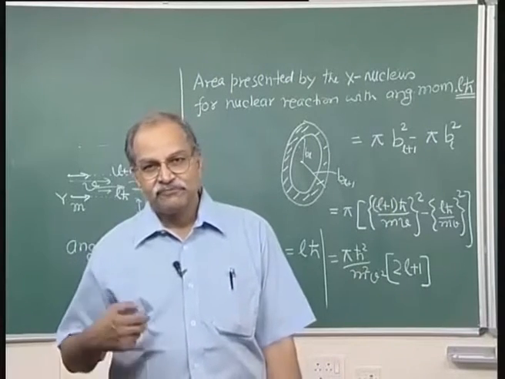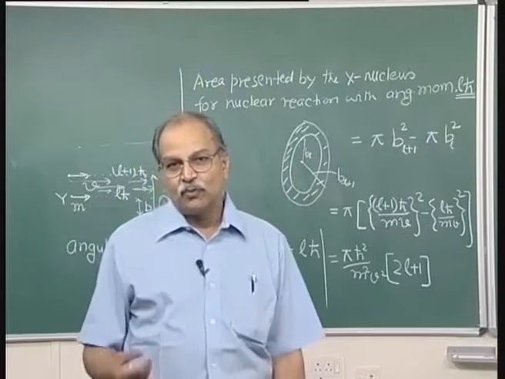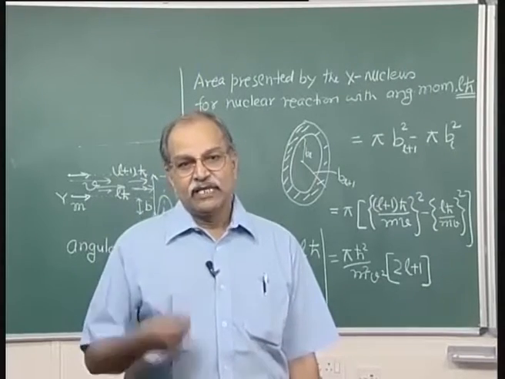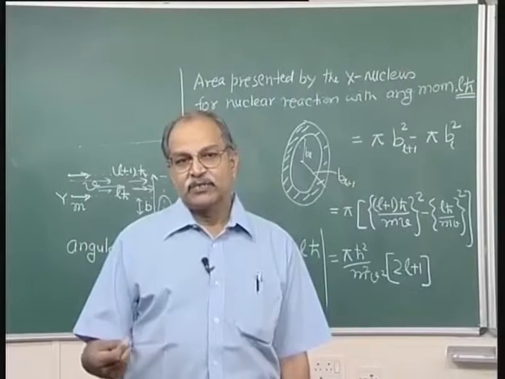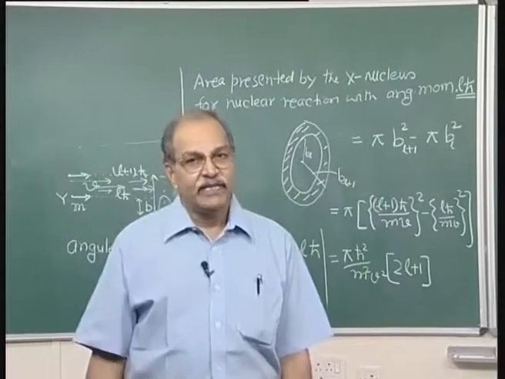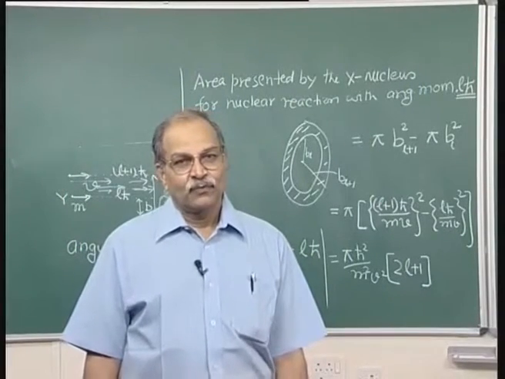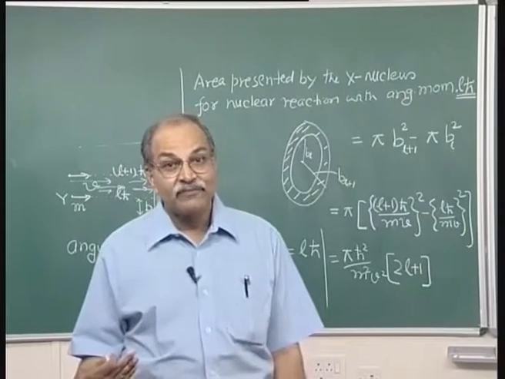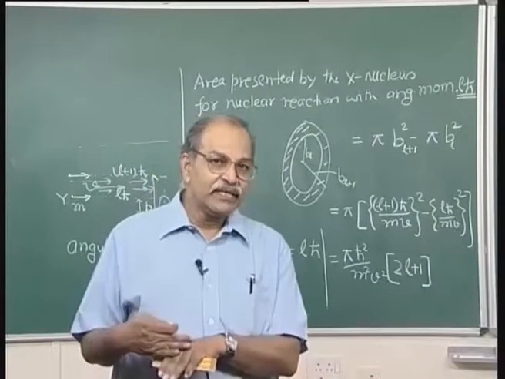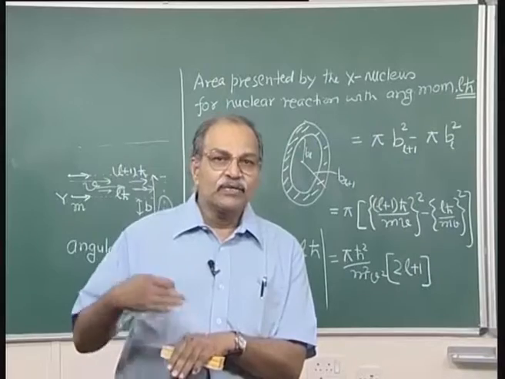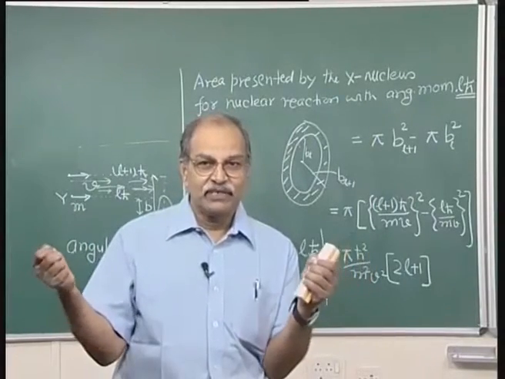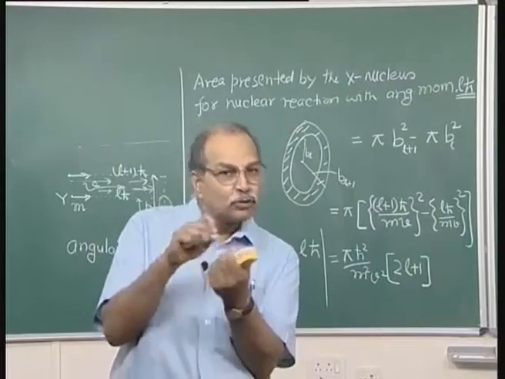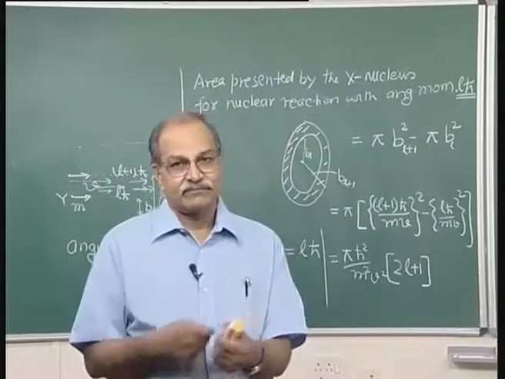So, starting from L equal to 0, how much is the area presented for L equal to 0, for L equal to 1, for L equal to 2, and so on up to some maximum L max. What is that maximum L? Maximum L is given by the nuclear range. These two nuclei are coming and they are interacting through nuclear forces.